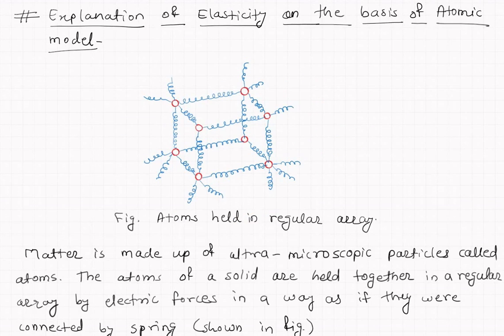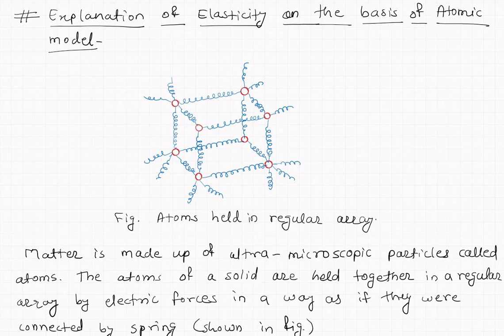Next point is the explanation of elasticity on the basis of the atomic model. Matter is made up of ultramicroscopic particles called atoms. The atoms of a solid are held together in a regular array by electric forces in a way as if they were connected by springs.